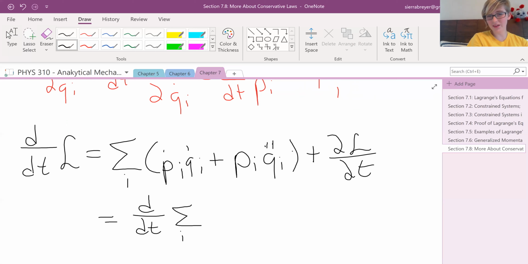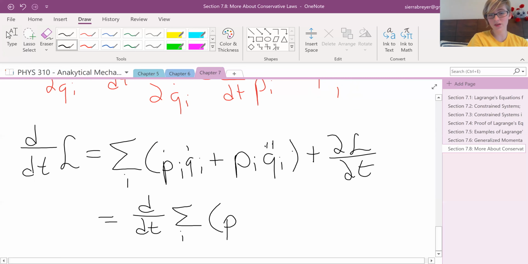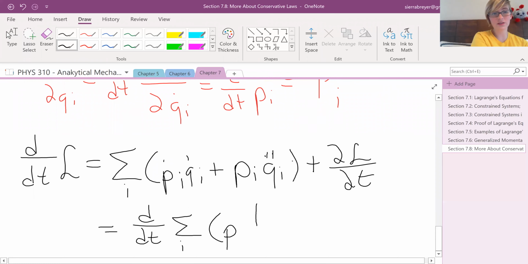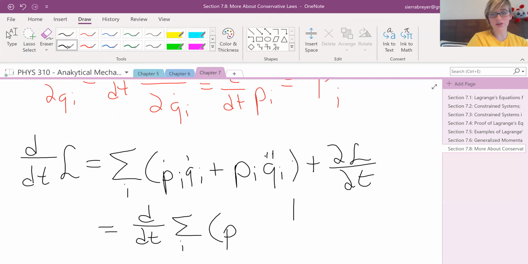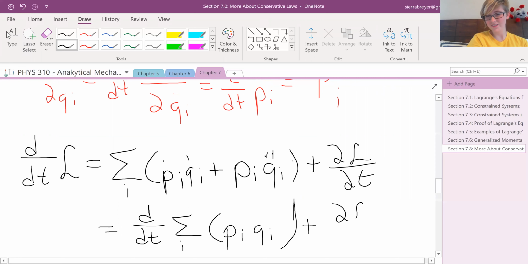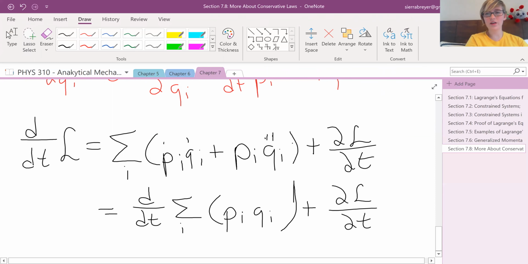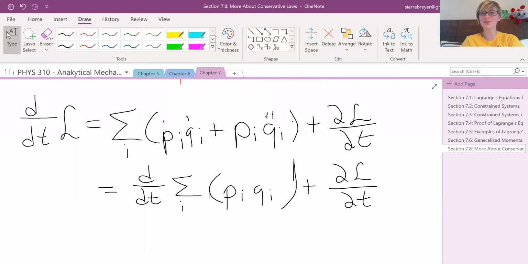And what we end up getting from that, as the textbook has claimed to me, and I have accepted, is just going to be this right here. So basically the momentum in the direction times the direction it's going, the sum of all that, plus the time derivative of the Lagrange.